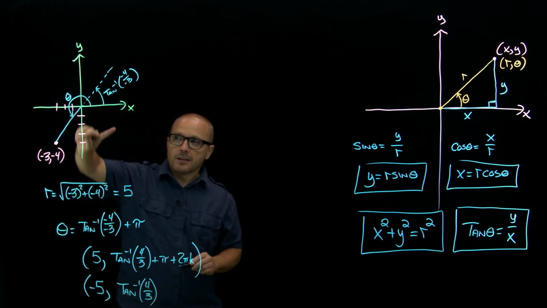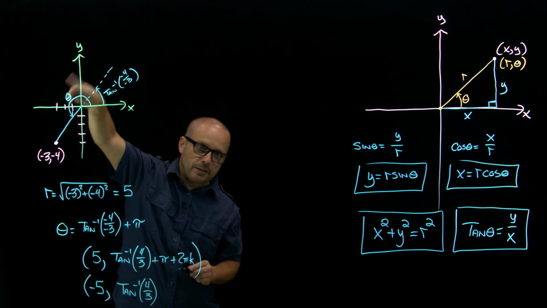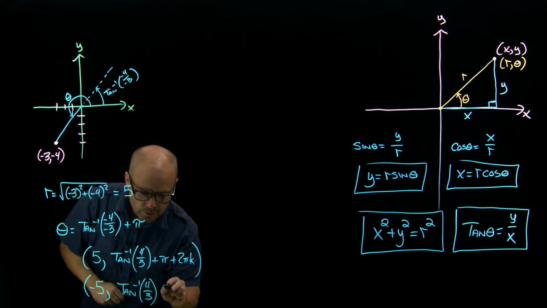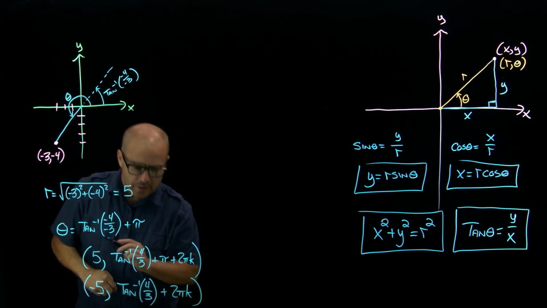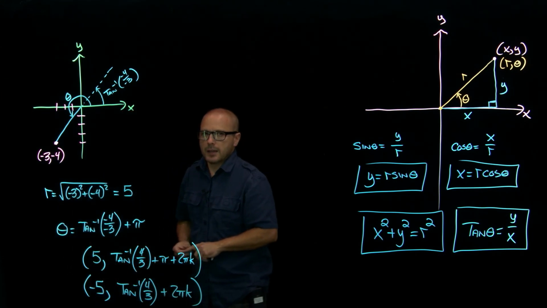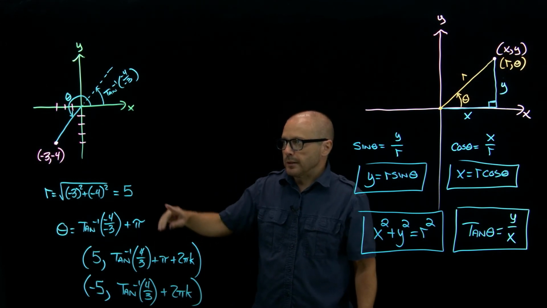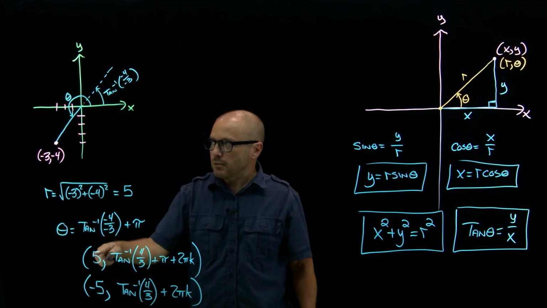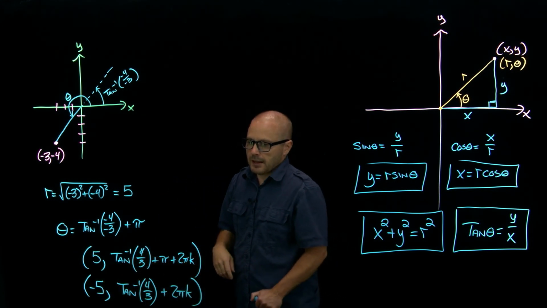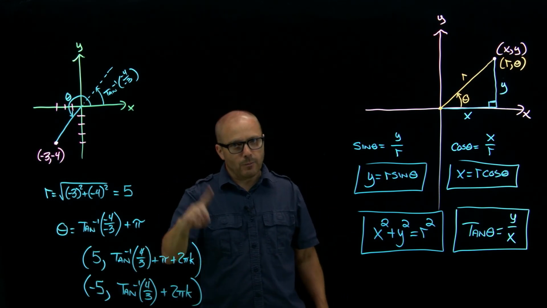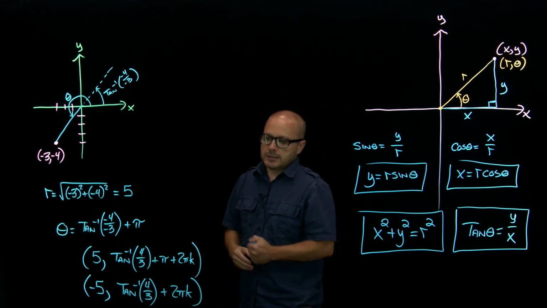And again, you want to face that way, but you could go round and round, adding 2 pi or subtracting 2 pi. So we do have to represent all possible combinations. We need to put that plus 2 pi k on there. So that is all the representations in polar, either facing the point with a positive r or facing away with a negative r, and then every possible angle by including all the times that you can rotate around.